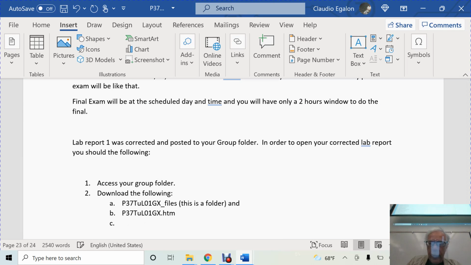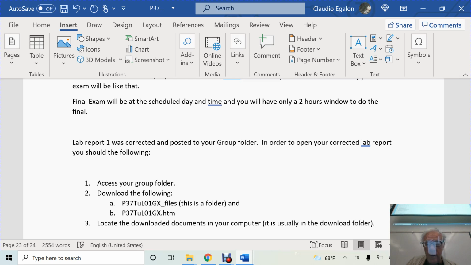Locate the downloaded documents in your computer. It's usually in the download folder. I'm saying it's usually because depending on how your computer is set up, it might be downloaded elsewhere. It should be in a zipped format.